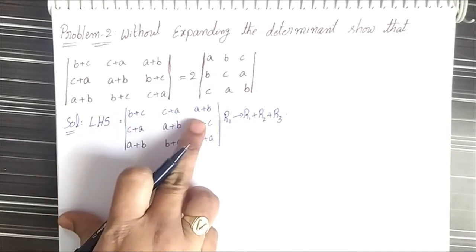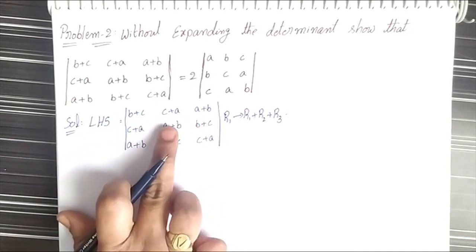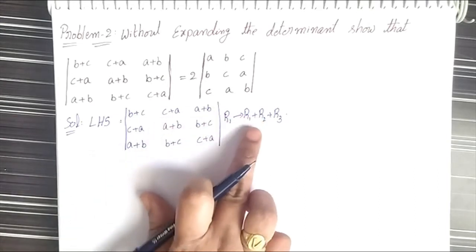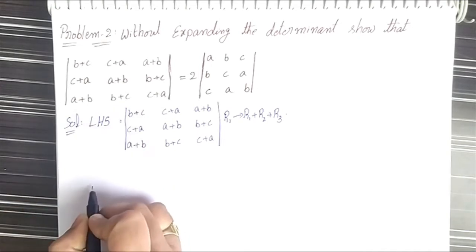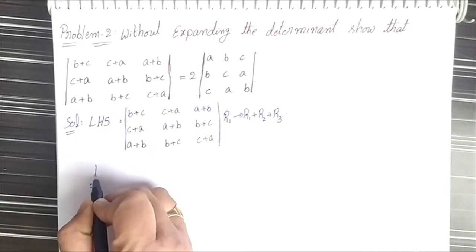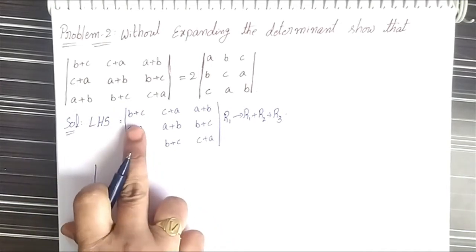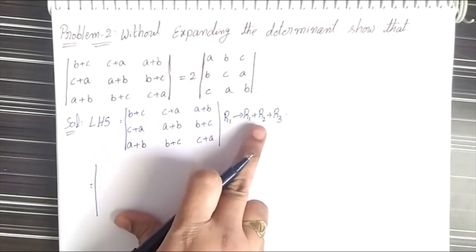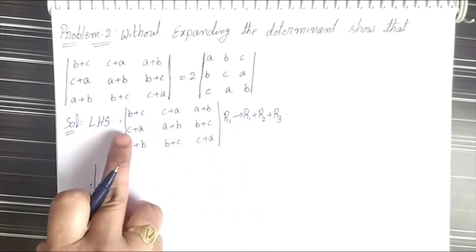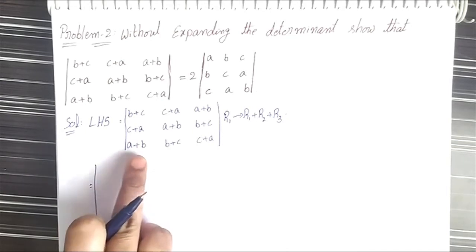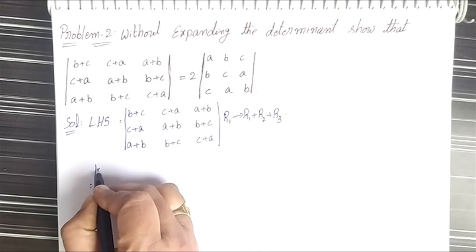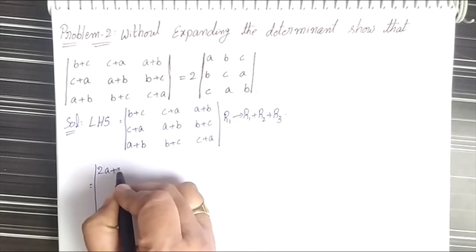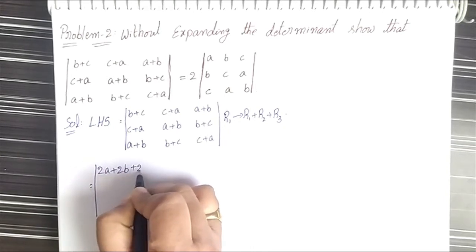The first row can be turned into R1 plus R2 plus R3. That is, b plus c plus c plus a plus a plus b, which gives 2a plus 2b plus 2c.